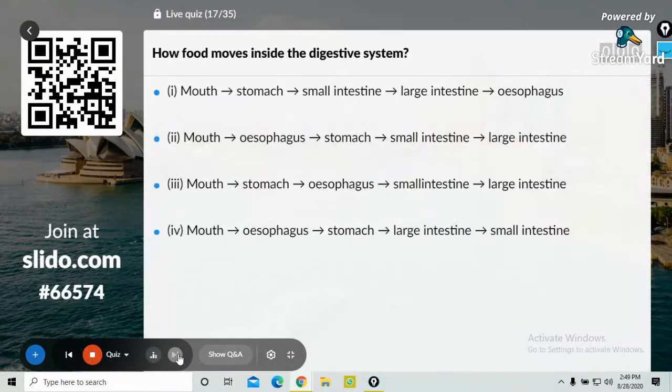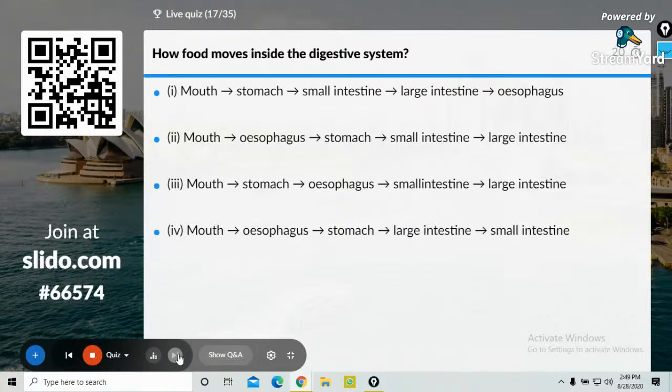How food moves inside the digestive system. Mouth, stomach, small intestine, large intestine, and esophagus. Mouth, esophagus, stomach, small intestine, large intestine. Mouth, stomach, esophagus, small intestine, large intestine. Mouth, esophagus, stomach, large intestine, small intestine.